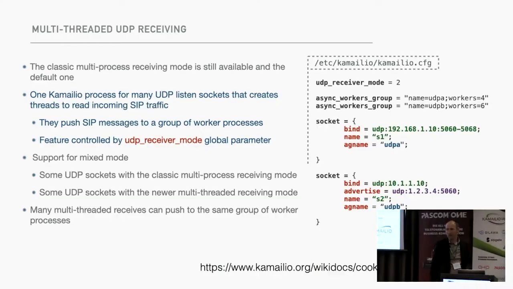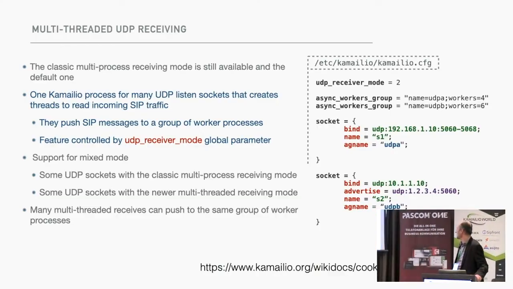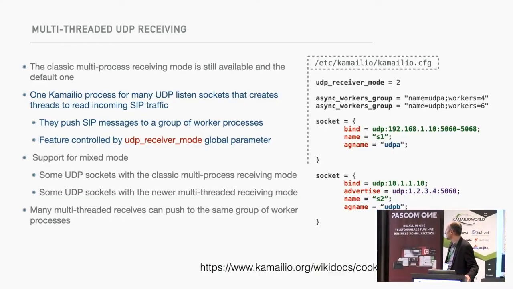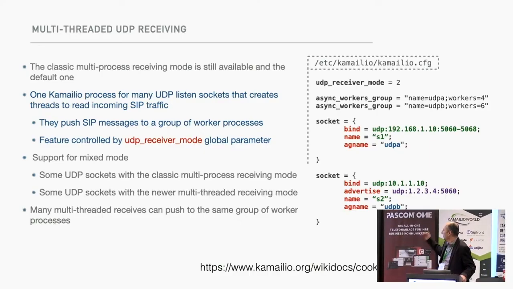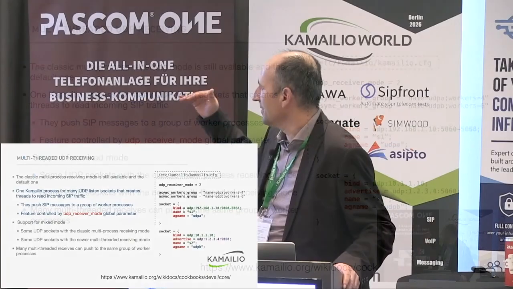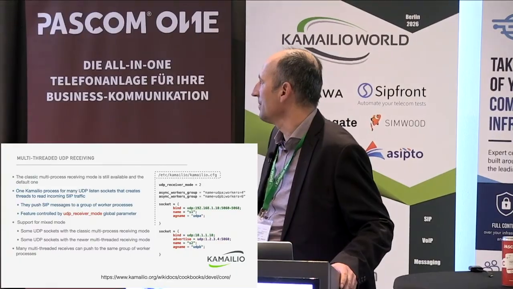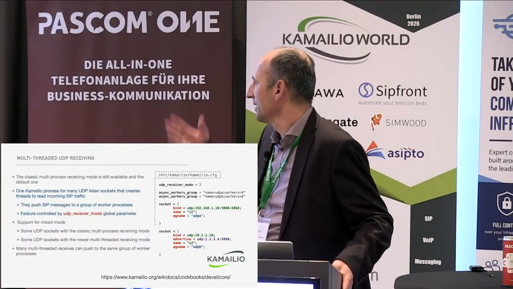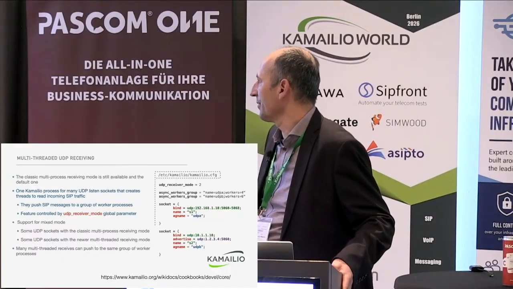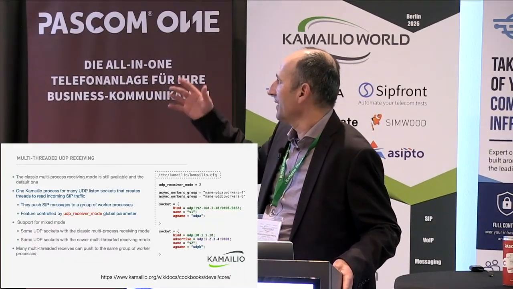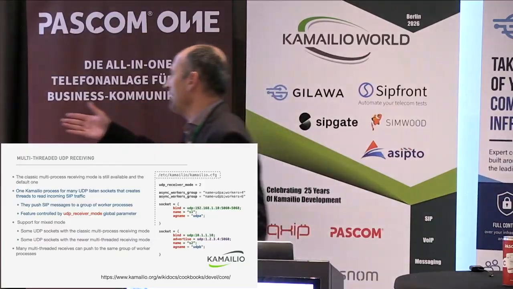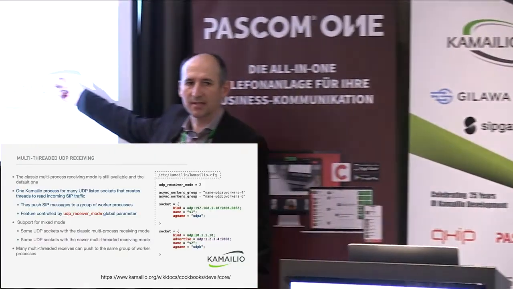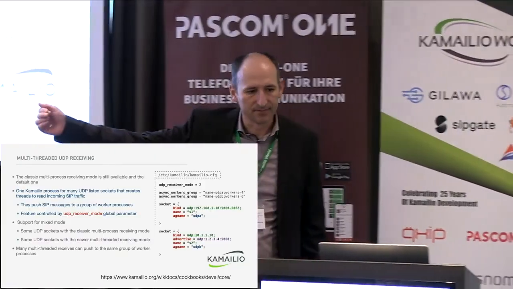On all these ports, from like 5060 to 5068, that will be 9 ports, we create 9 sockets, but they are consumed by a single process with threads. For another socket, we assign another group for processing. And if you don't specify the AG name, then we create processes based on the children value.